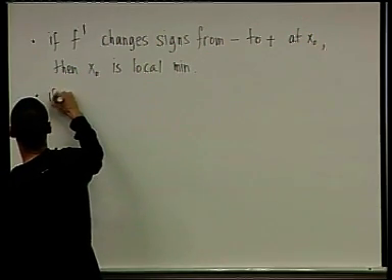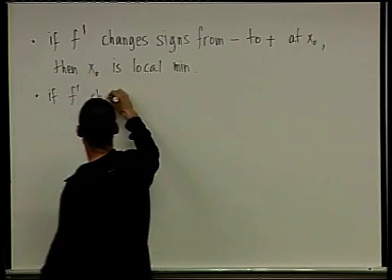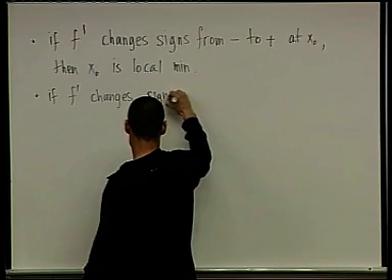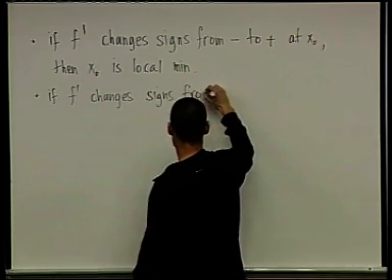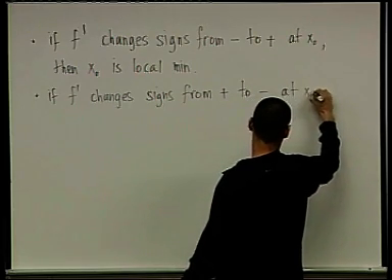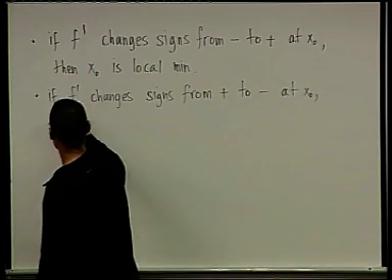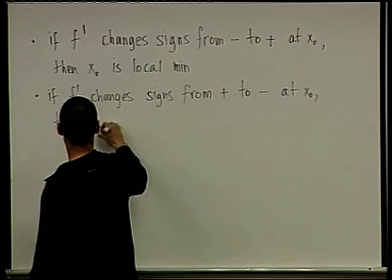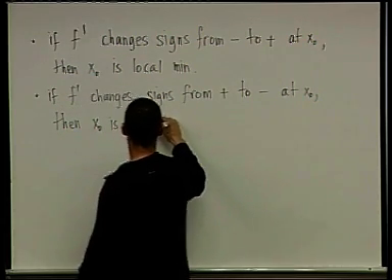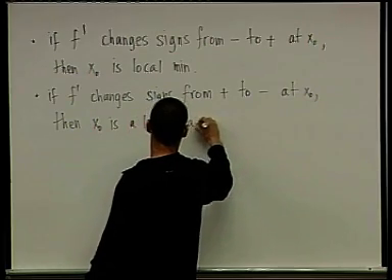And if f prime changes signs from plus to minus at x0, then x0 is a local maximum.